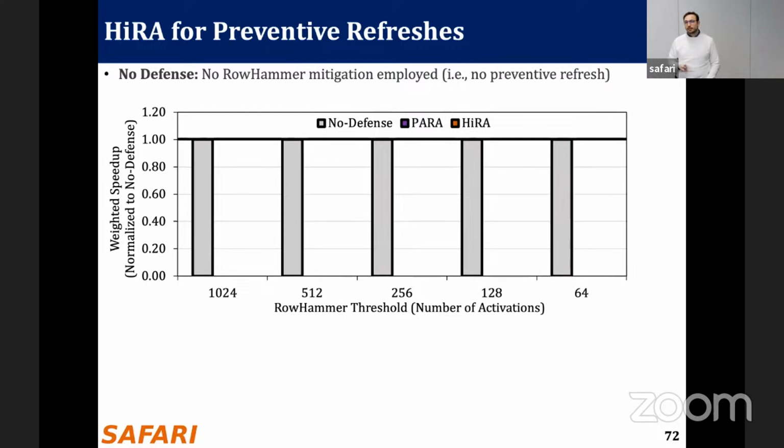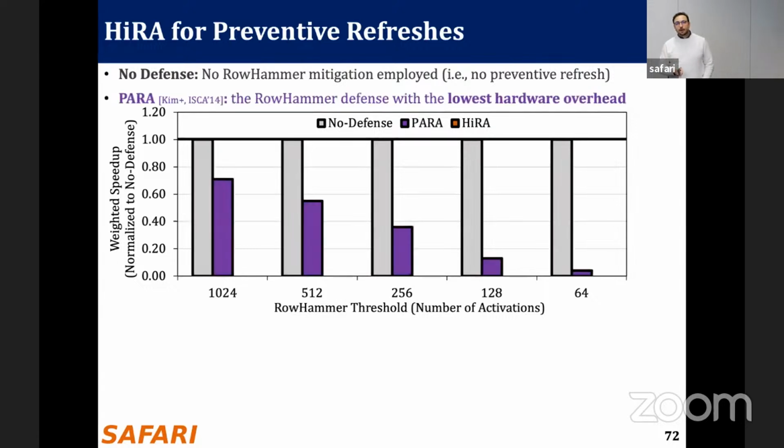So it is, again, an idealistic system that you would want, but it is not reliable, it is not secure. So you wouldn't use this kind of system. And we choose PARA as the baseline because it has the lowest hardware overhead going forward. In terms of chip area overhead, it's the most scalable RowHammer mitigation mechanism or defense.